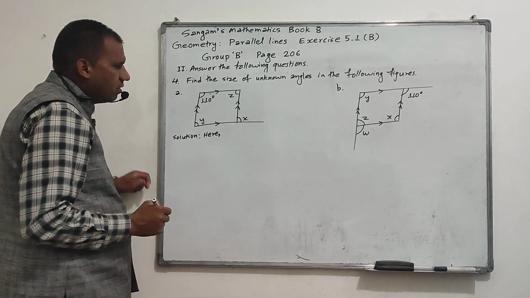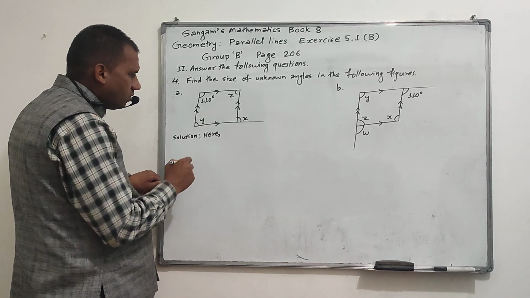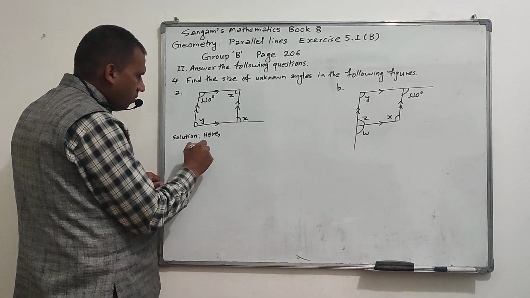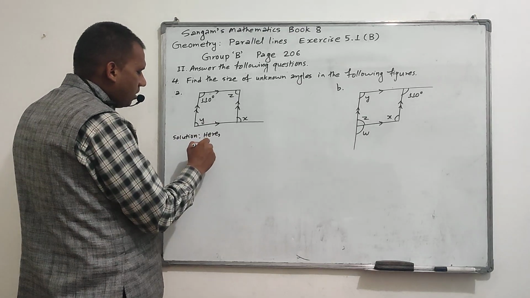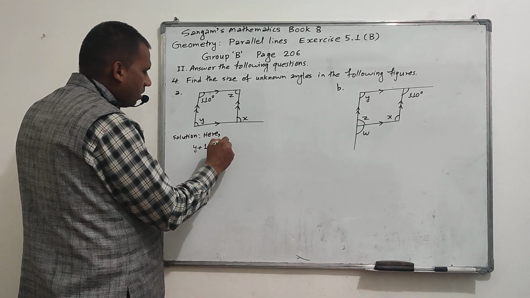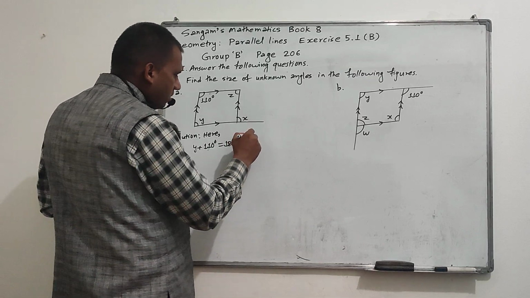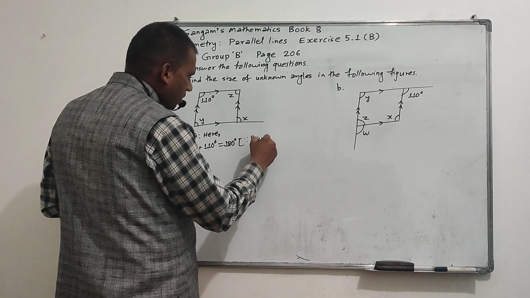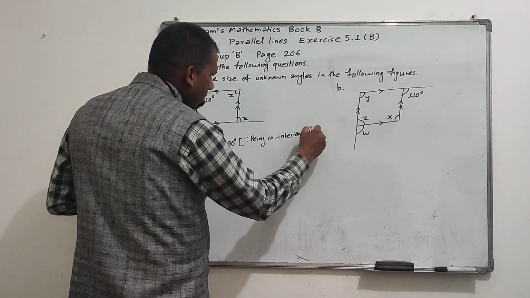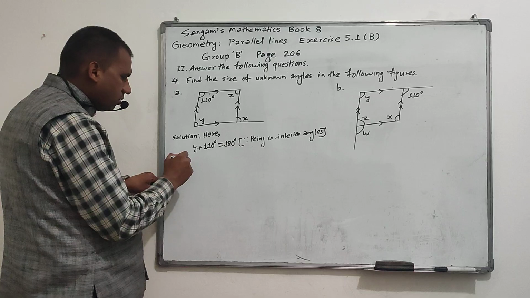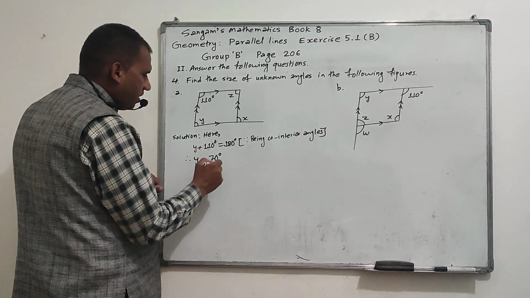In this figure, this 110 and y are co-interior angles, so we can write y plus 110 degree equal to 180 degree, because being co-interior angles, therefore y equal to 180 minus 110, that is 70 degree.